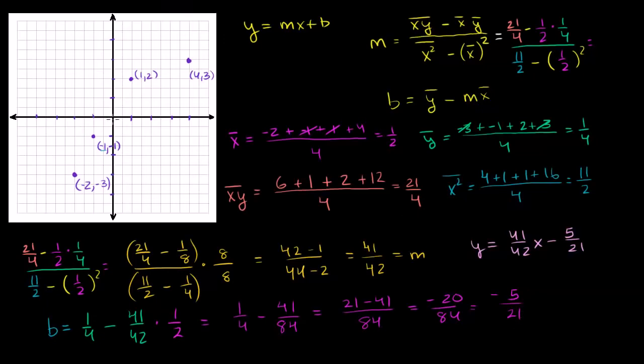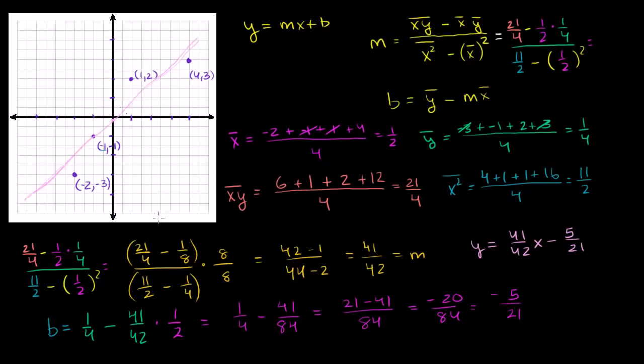So our y-intercept is a little bit less than negative 1/4, and we have a slope a little bit less than 1. So our line is going to look something like this. It's going to be a little bit flatter than y equals x. If I were able to actually draw a straight line, it would look something like that.